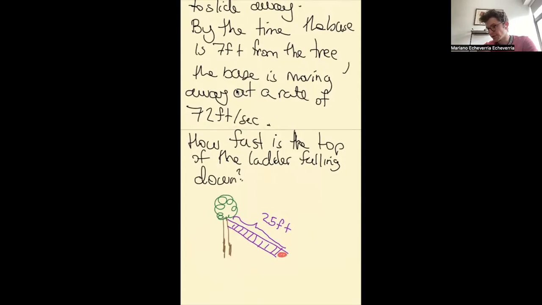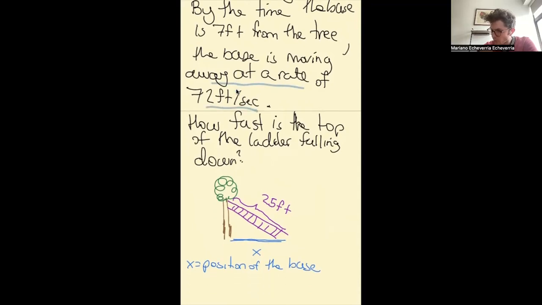So we need something that keeps track of the base. The easiest thing to call that is x. So let's call this x, right? So x is like the position of the base. Is that making sense?